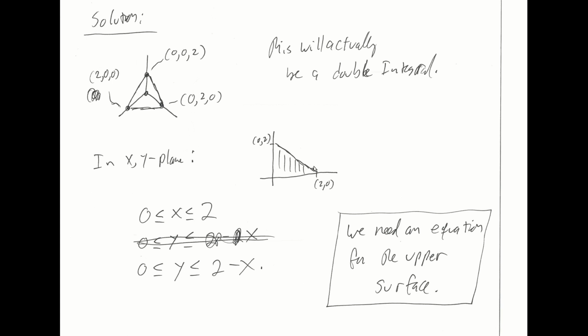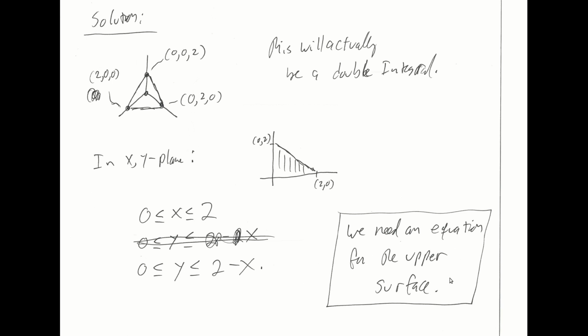And this line, it's fairly easy to see, is the line 2 minus x. I say it's fairly easy after having scratched out a mistake that I made, so do as I say, not as I do. But this is a line that has slope -1 and y-intercept at 2. So 0 less than or equal to y less than or equal to 2 minus x. This is a representation of the base of my tetrahedron as a type 1 region.